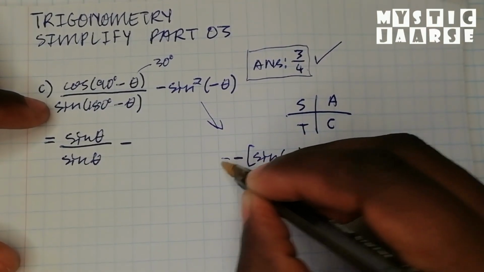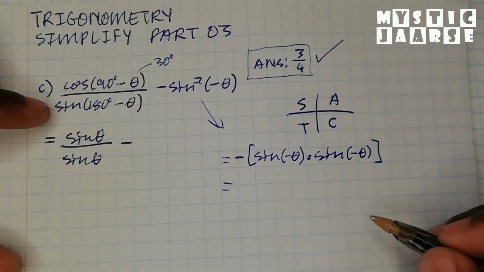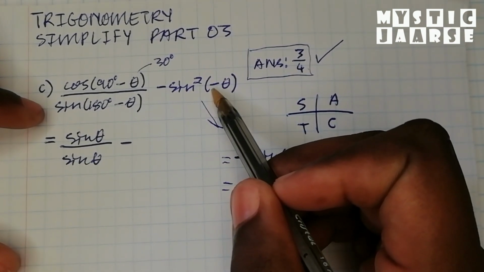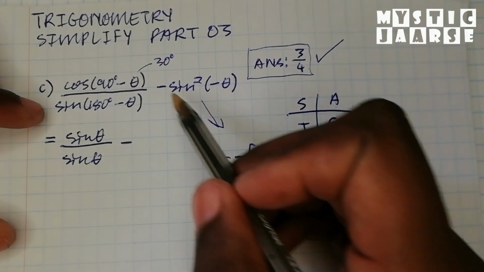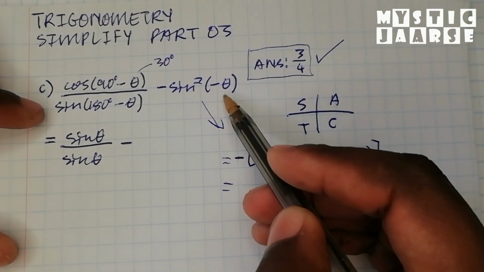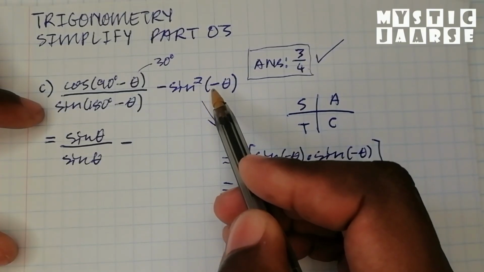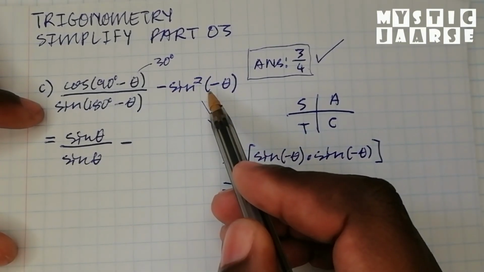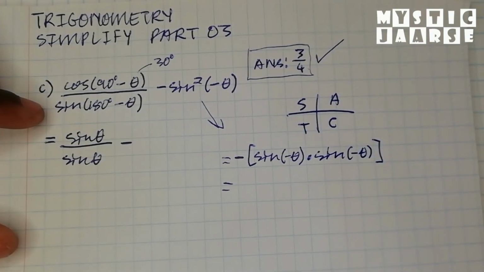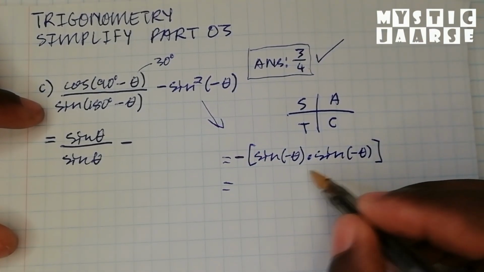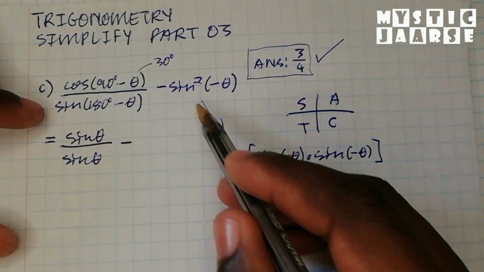This is what I mean when I say you shouldn't rush. Just because you know that sine is affected by a negative angle, you shouldn't rush and say this is going to be positive sine squared theta, because we know that this negative is going to affect our sine and we'll be having negative multiplied by negative as a positive. That would be wrong. Why? Because I'm going to show it to you here. So I expanded sine squared theta.